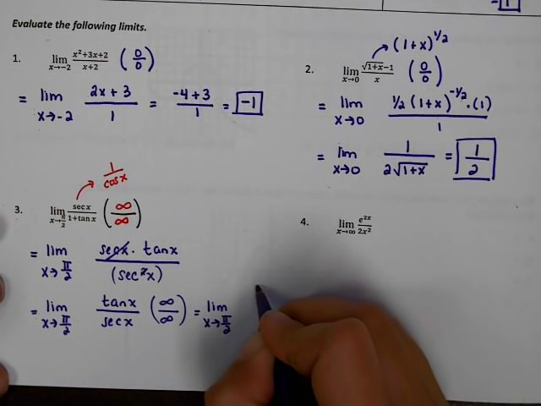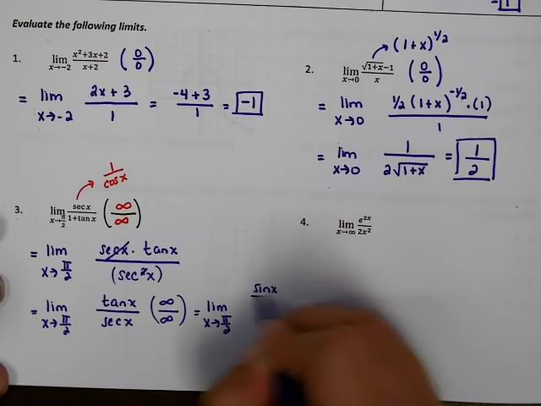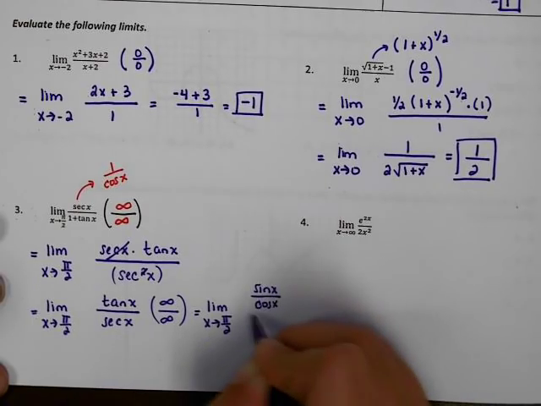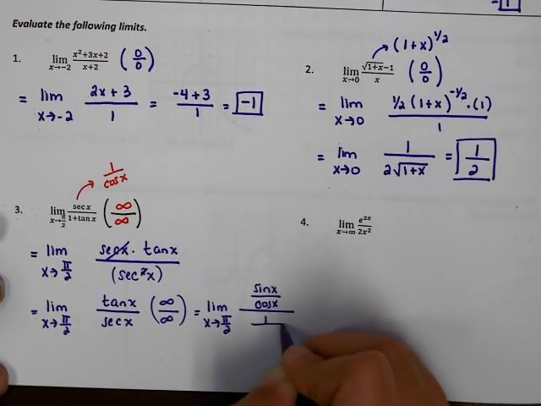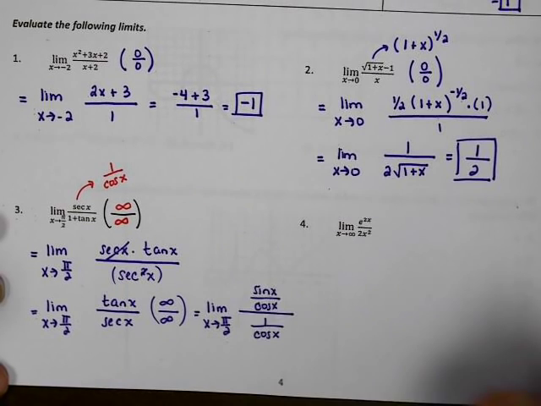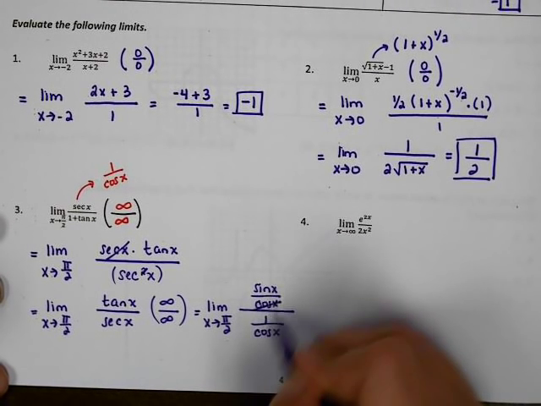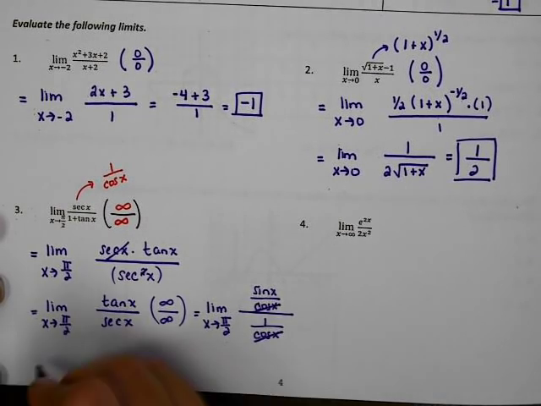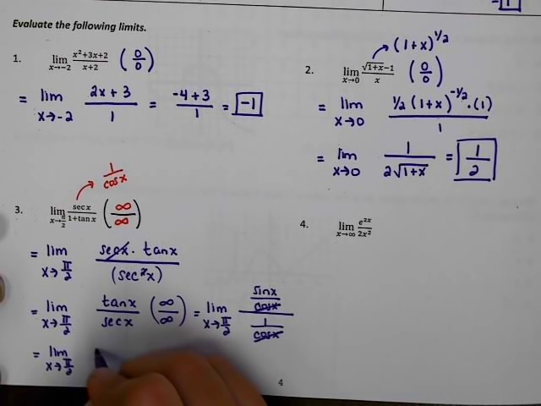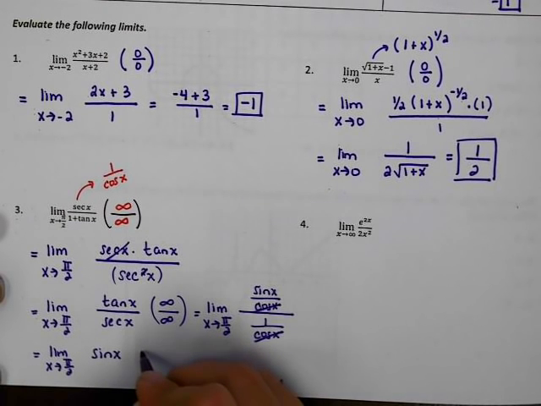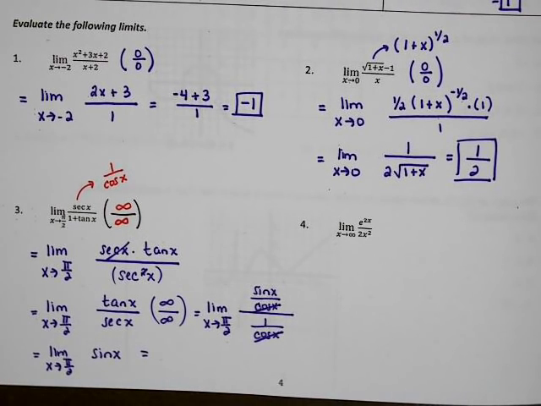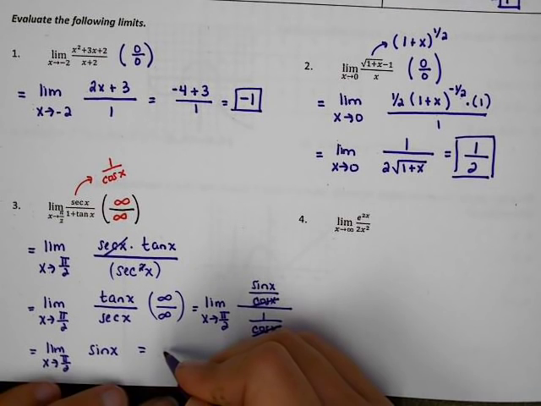Instead of writing tangent, I'm going to write this as sine over cosine. And instead of writing secant, I'm going to write 1 over cosine. And I'm going to do that because it helps me see that these cosines cancel. So my new limit would be just sine. Now, the sine of pi over 2 I can easily evaluate. It's just 1.